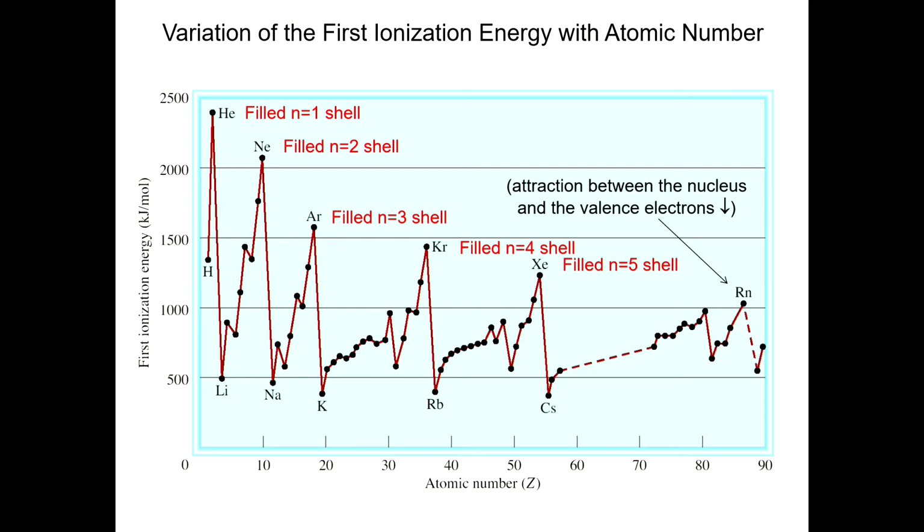Why? Because the number of shells increases. Yes, the number of shells increases, so the size also increases, right? So the attraction is weaker. From up to down, the ionization energy decreases. Okay.